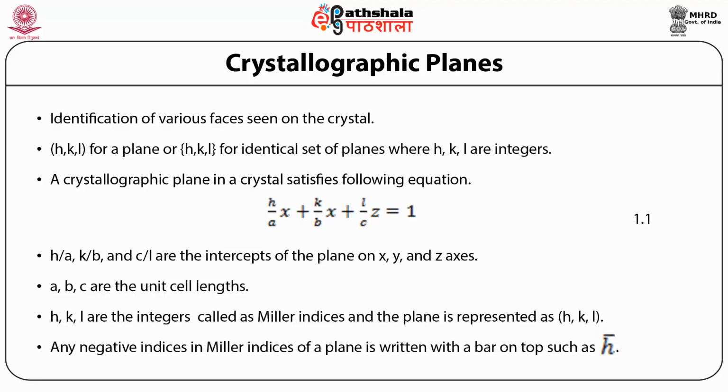Any negative index in the Miller indices of a plane is written with a bar on top of that integer, for example h bar or k bar or l bar.